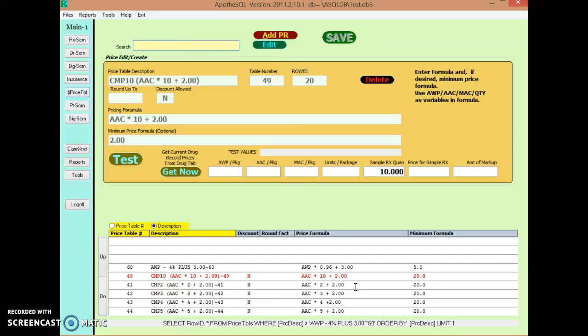And then average sales price is for how much they're going to price it out as far as settlements go. Average wholesale price is probably the one you're going to see most often, and that's AWP. AWP is the national average of prices that are charged. So it's not quite the same as average manufacturer price.